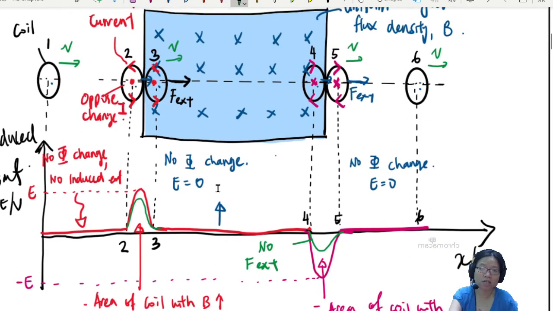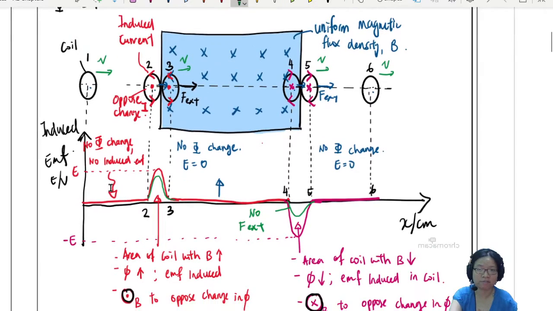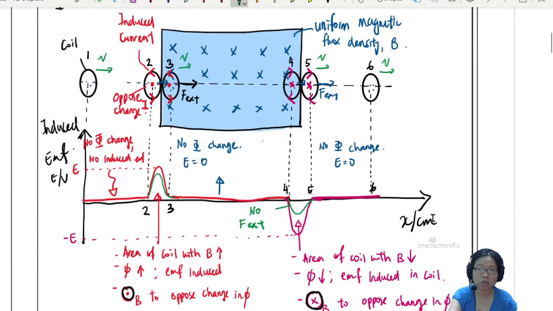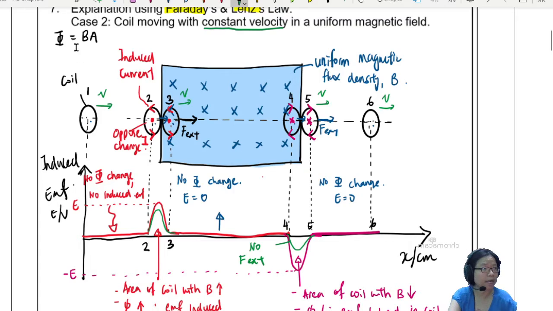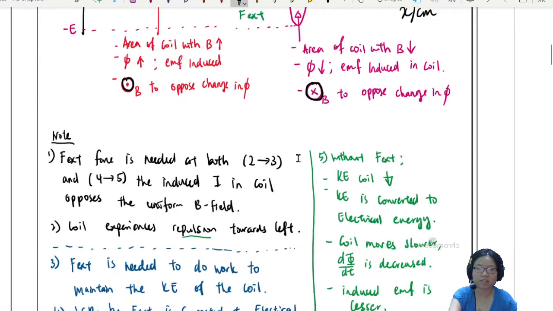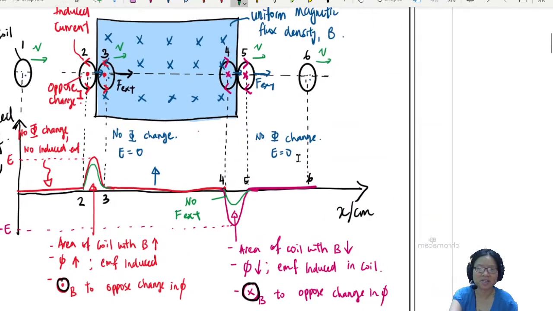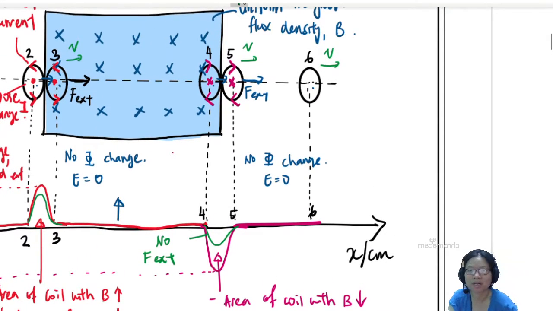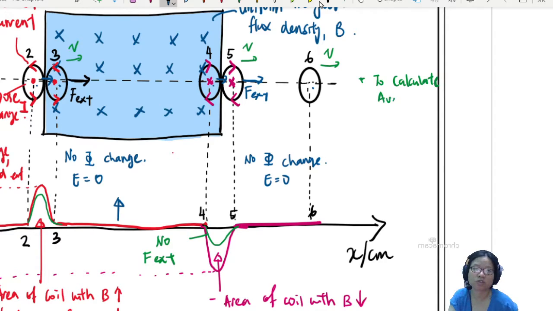But if you're asked to calculate the value of this E, don't fret. We will go back to this. A final note: if we are to calculate E, we can only calculate the average E. The E will be equal to change in flux over time taken.